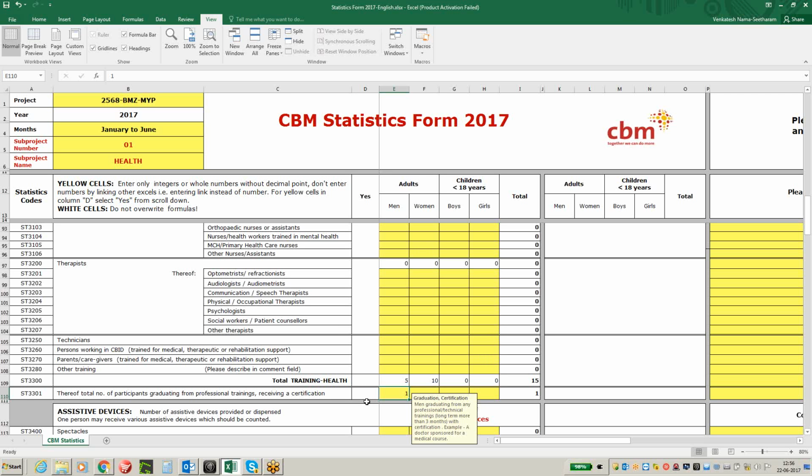Then that will also go into the Navision, so it will also help us to know how many projects are reporting like this on a global level. Or they could say these 10 doctors are part of a university study, and are only being counted once. Give some explanations which go with it.